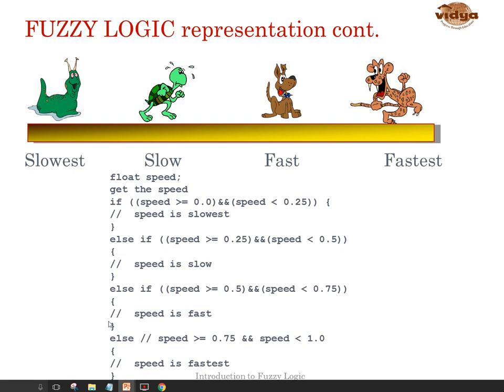In the algorithm, if the speed is greater than or equal to 0 and less than 0.25, it will automatically be slowest. Similarly, 0.25 to 0.5 is slow, 0.5 to 0.75 is fast, and 0.75 to 1 is fastest. So this covers the final area of fuzzy logic representations. Thank you.